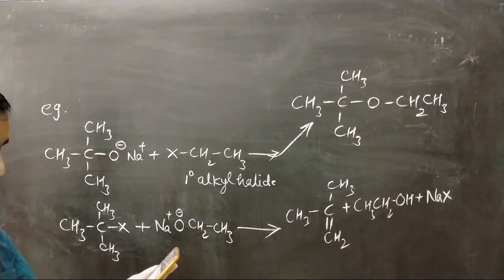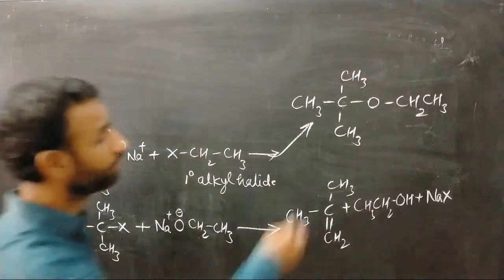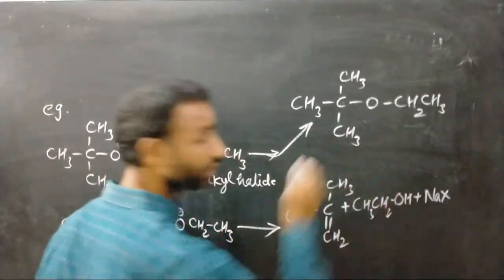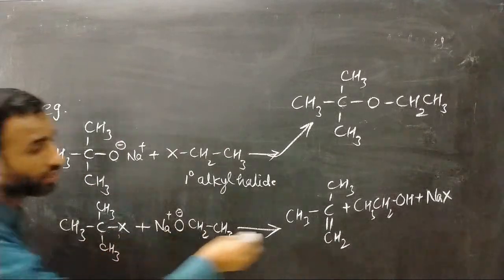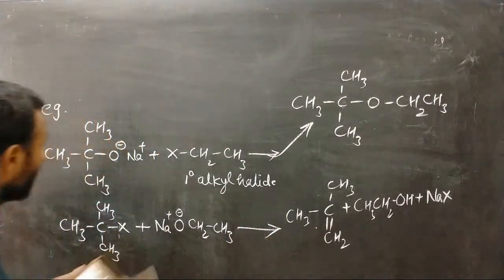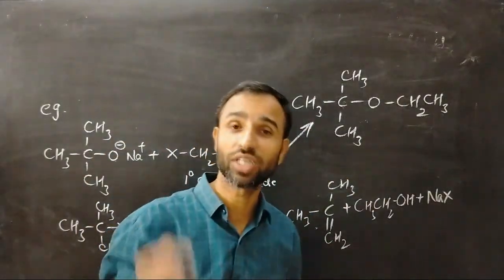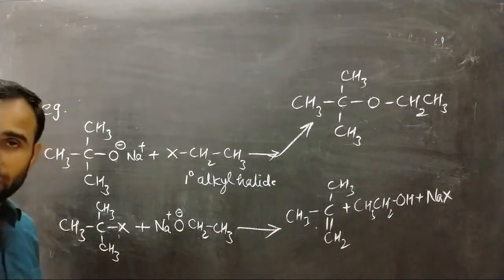Got it, beta? In this case we get ether, in this case we get alkene. If the alkyl halide is tertiary, we get alkene. If the alkyl halide is primary, we get ether. And if the alkyl halide is secondary, we get a mixture of ether and alkene.